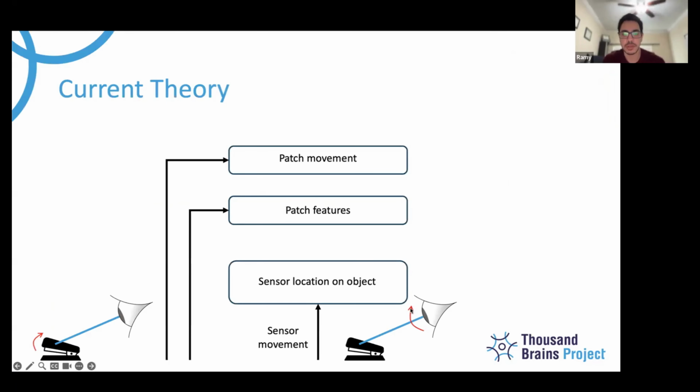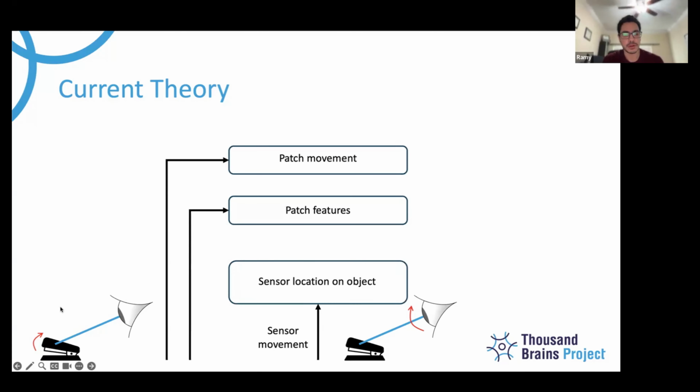Right now, we have movements that are coming from the thalamus, relayed by the thalamus, and from magnocellular pathways, some of those cells have larger spatial receptive fields that are going to represent the sensory location or the sensor movement. So something like this, you're looking at a stapler and you move your eye.